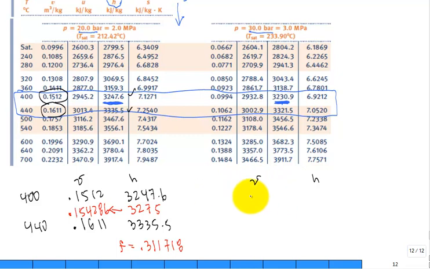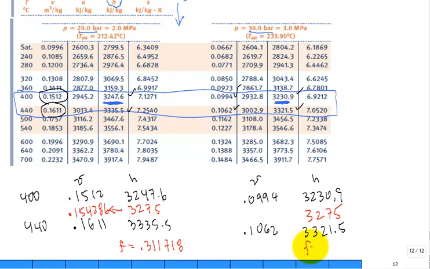Now that we did that interpolation, we do it similarly on this side for v and h. Our v here is 0.0994 from right here, and then it's 0.1062 right there. And our h values are 3230.9 and 3321.5, these two. We're coming in with the value of 3275.